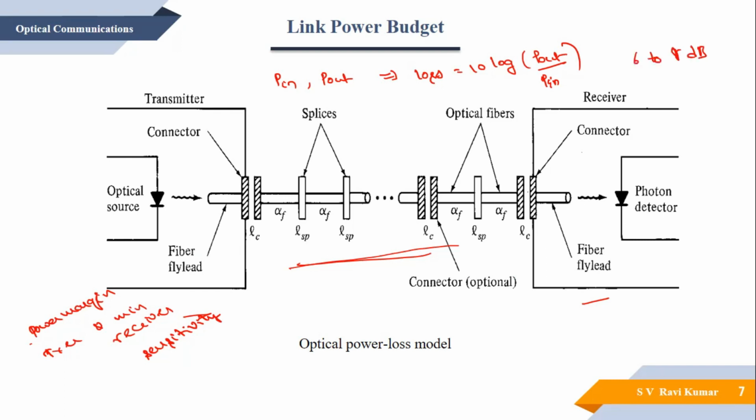From the system, the total power loss PT is expressed as PS minus PR, where PS is the transmitted power and PR is the received power, the receiver sensitivity.